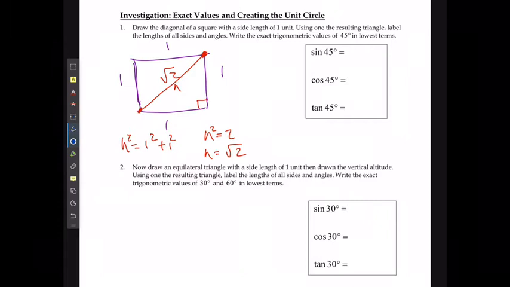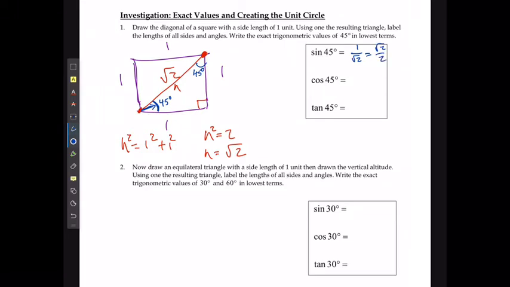Then I can write out what my ratios are going to be. If this angle is 45 degrees, because these two sides are identical, this would also be 45 degrees. Then, looking from this angle, my opposite is going to be 1, and my hypotenuse is going to be root 2, which I can rationalize as root 2 over 2.